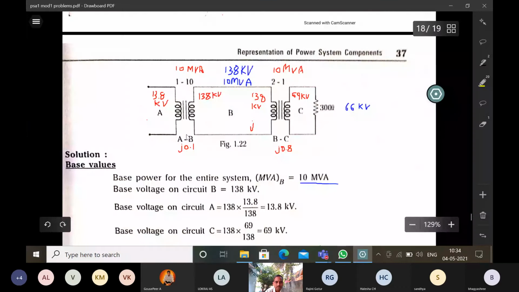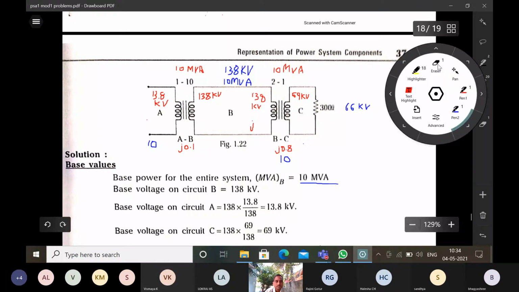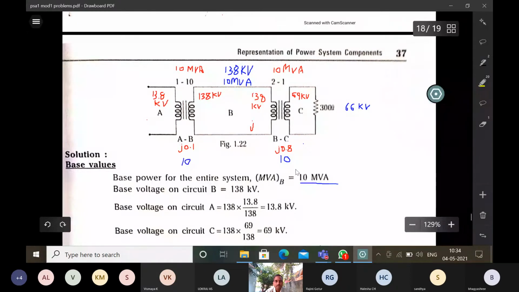So all new base values I will write in blue color. Here also 10 MVA, here also 10 MVA. And the base voltage on circuit B is 138 kV, that is given.